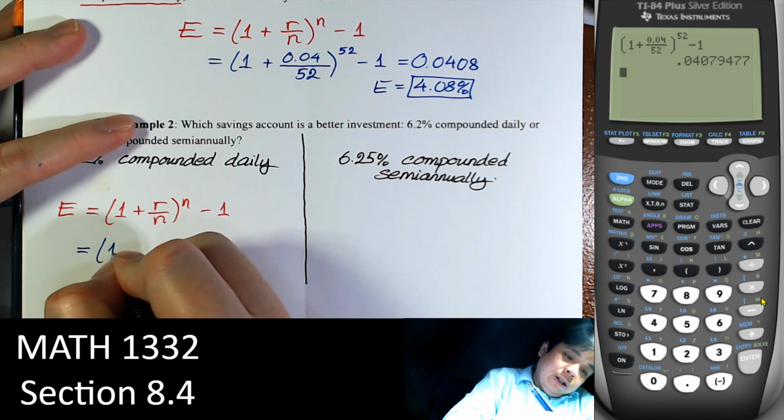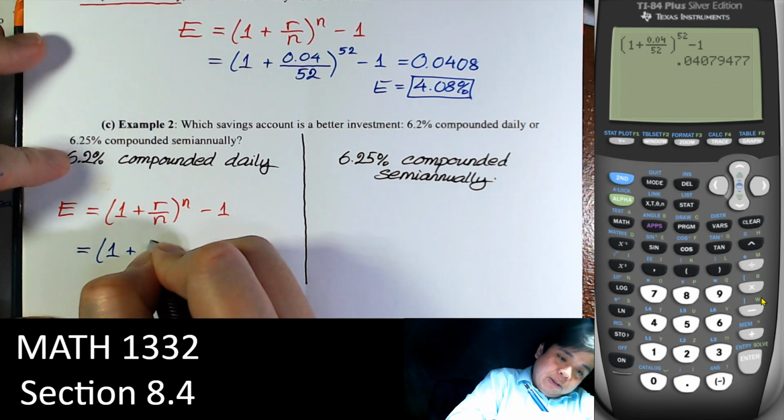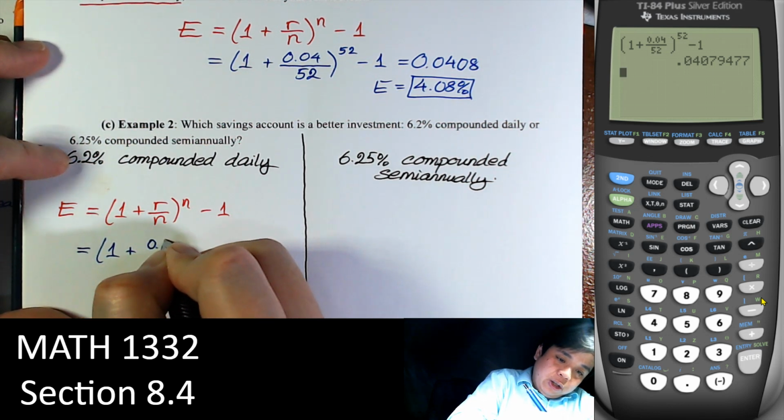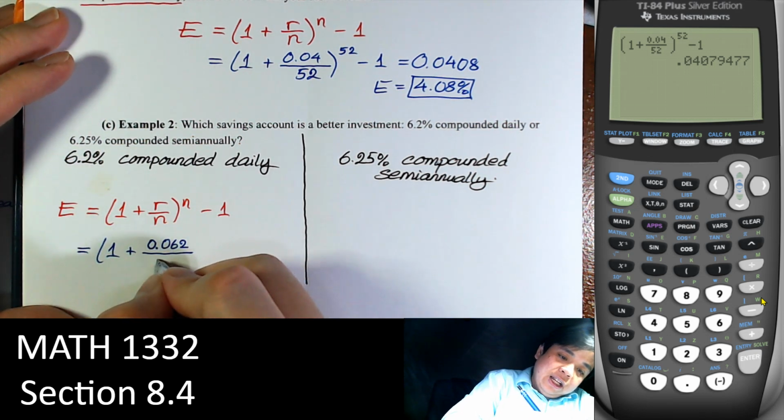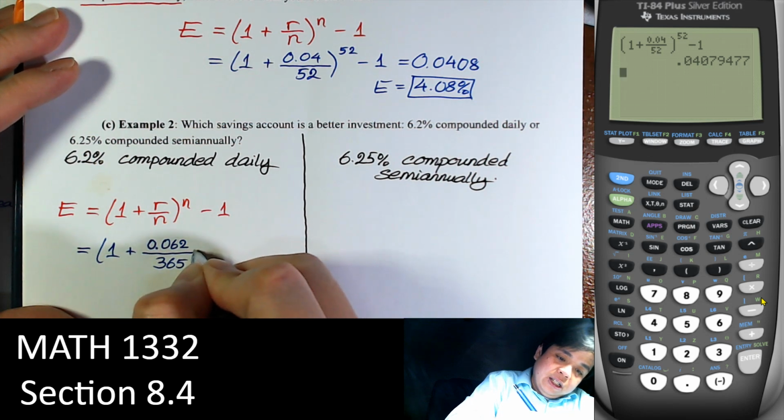So 1 plus, by the way, that rate is 0.062 over 365, daily, 365 days in a year.